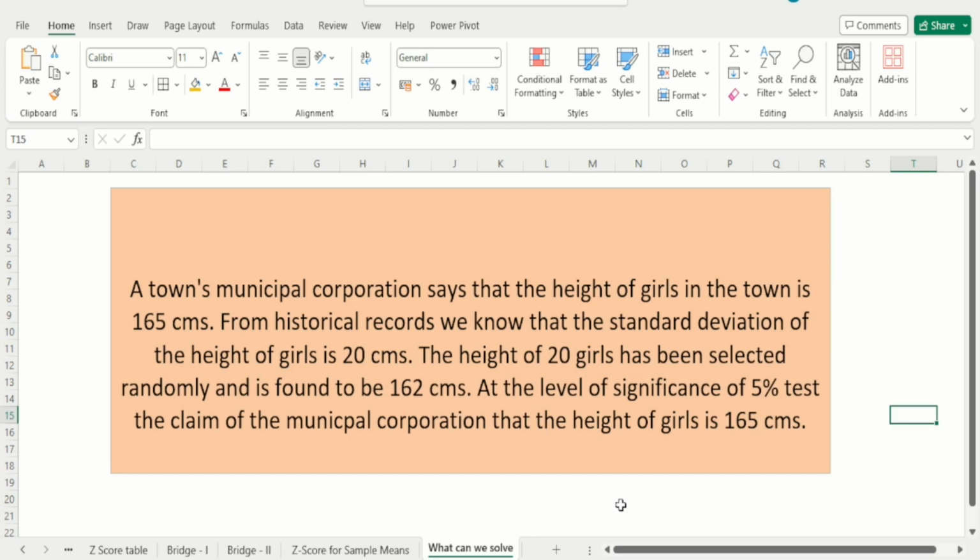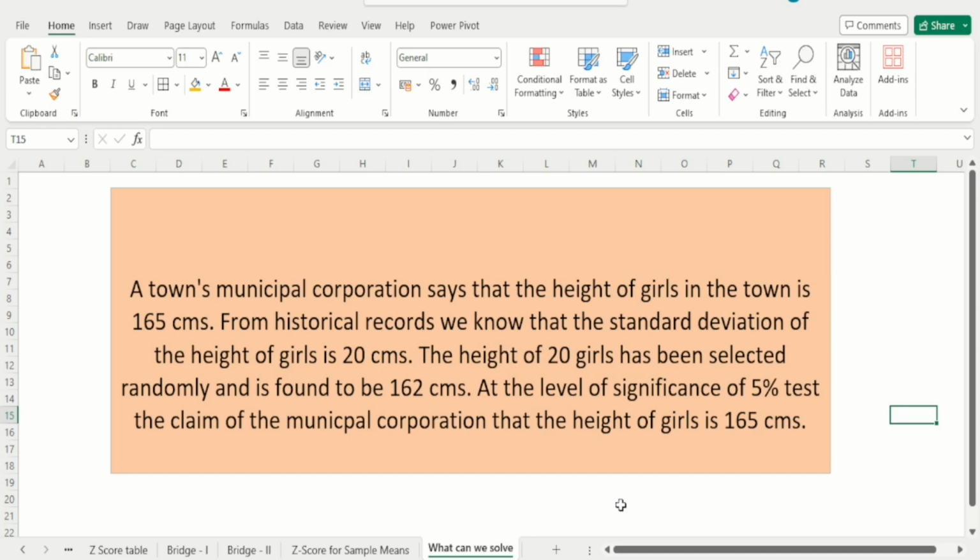Well, the answer is this will be a double-tailed test. Remember that any point of time when we are checking for exact equality, it will be a double-tailed test. If the basic idea was that the height of the girls in the town is greater than 165 centimeters or less than 165 centimeters, then we would have gone in for a single-tailed test. In this case, it will be a double-tailed test.